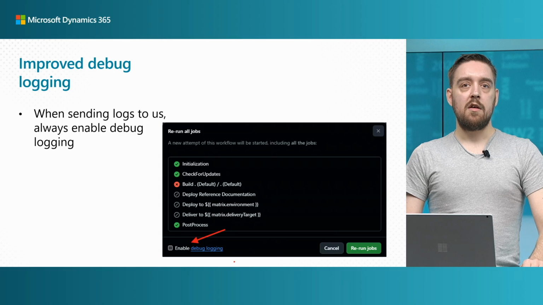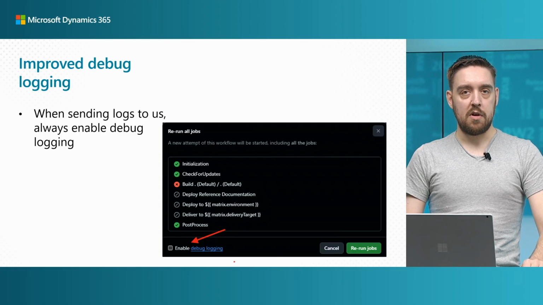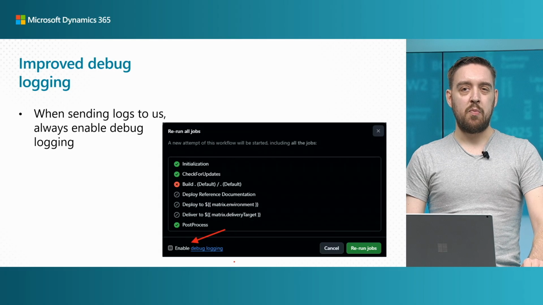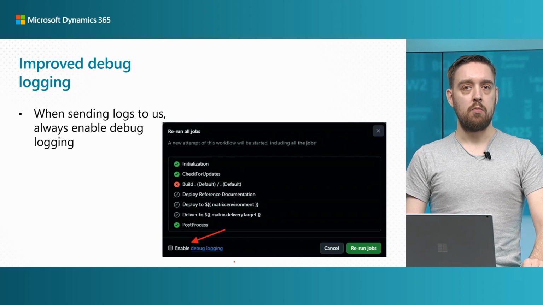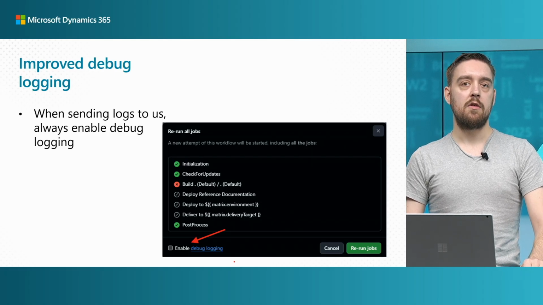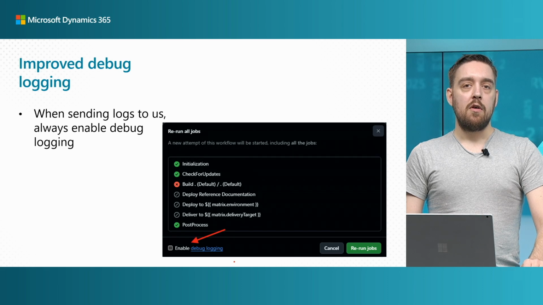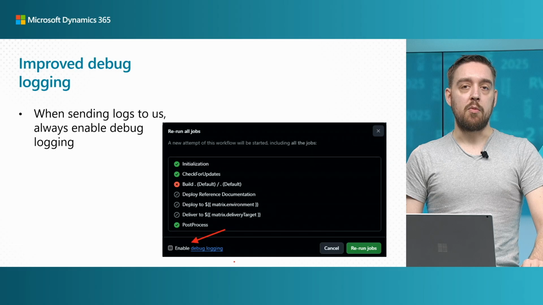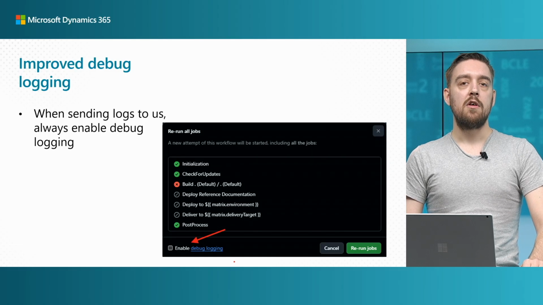And finally, I'd like to talk about debug logging. This is probably not something that you will use much, but it will help us help you. When reporting an issue to us on the AL-Go repository, we typically ask you to upload log files.